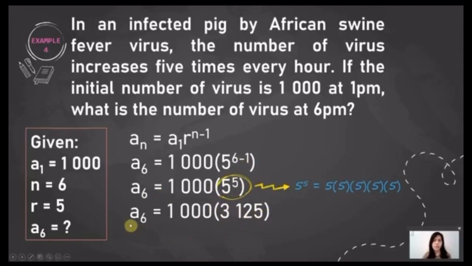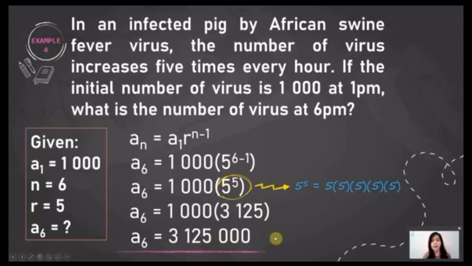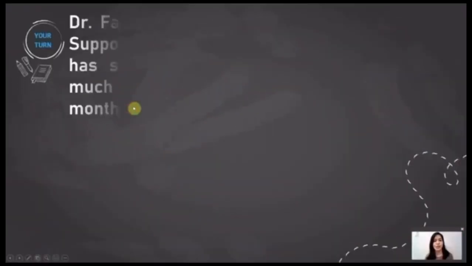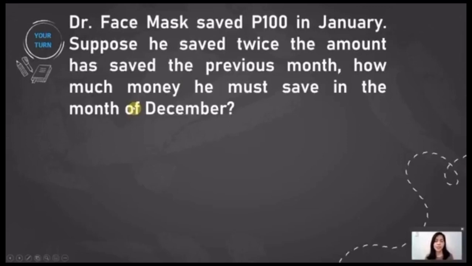Now our a sub 6 will now become 1000 times 3125, which is 3,125,000. Okay? Now at 6 p.m. the number of virus will now become 3,125,000.